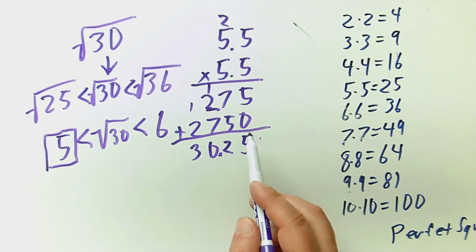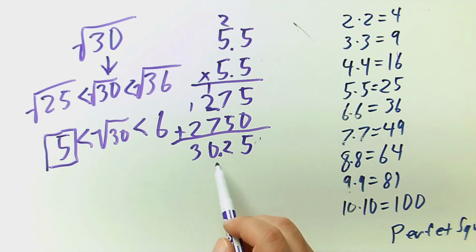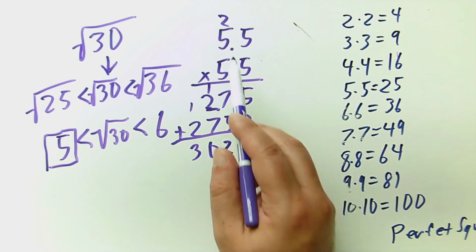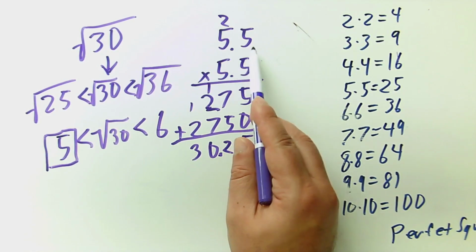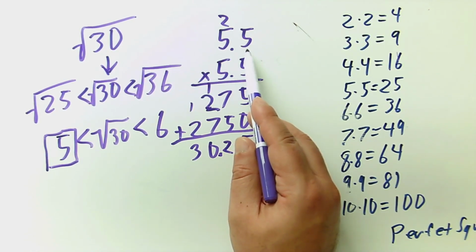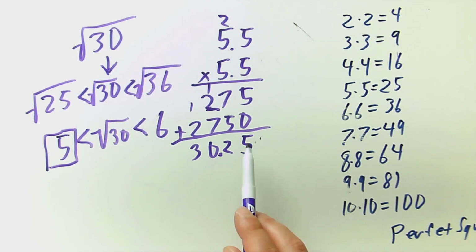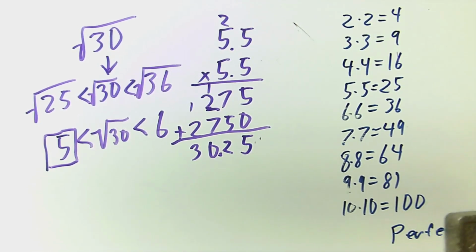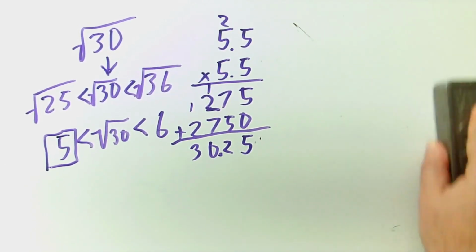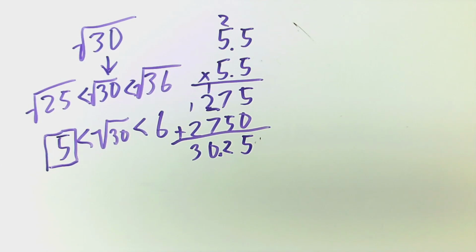And so now we want to do the closest tenth. So we want to go 1 to the right of the decimal point. So 5.5 is a little bit higher, so we'll go a little bit lower. We're going to do 5.4 times 5.4.